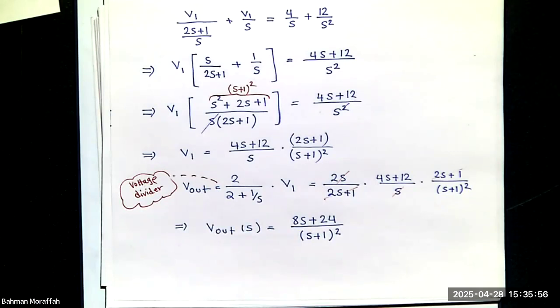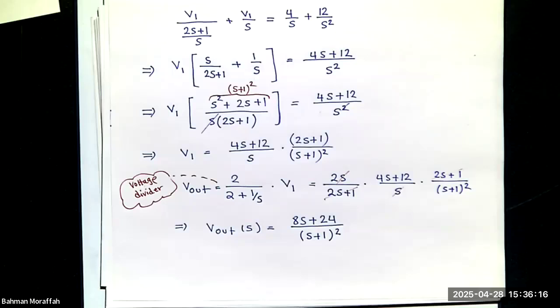Now I know V out of S. I can go to time domain. How? How do we go from S domain to time domain? How do we do inverse Laplace? We're going to do partial fraction decomposition. Right?